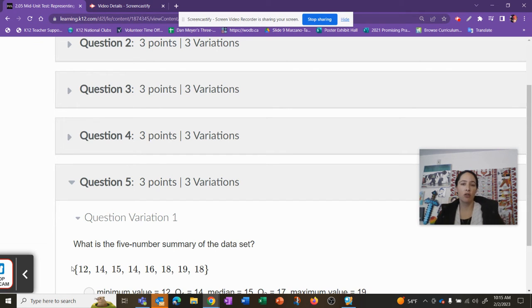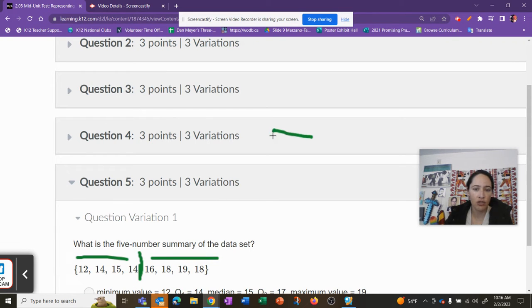Put it in numerical order. You can't find the middle otherwise. Let me see, 1, 2, 3, 4, 5, 6, 7, 8. So the middle is going to be with 4 numbers and 4 numbers, but you have to put it in numerical order first. So you have an even data set.